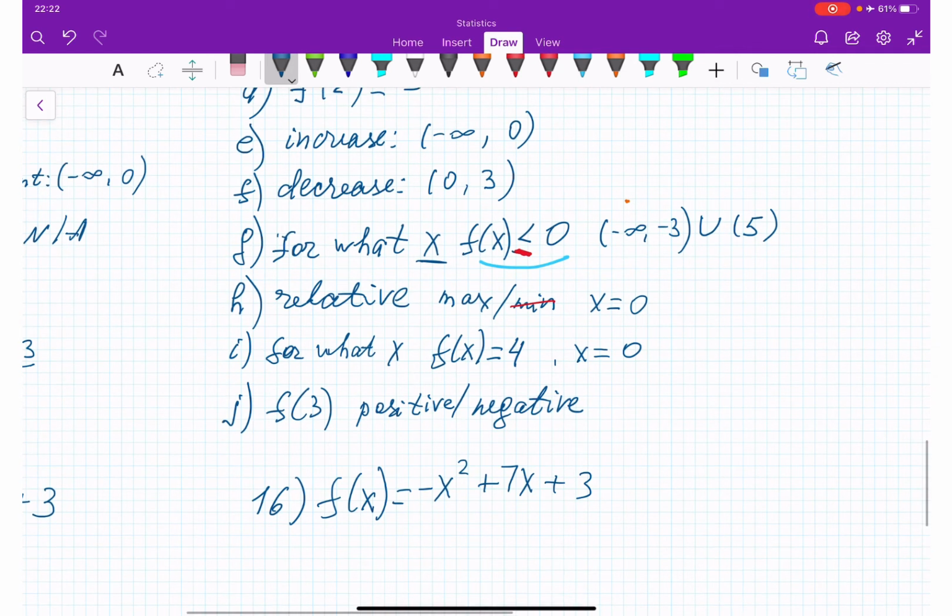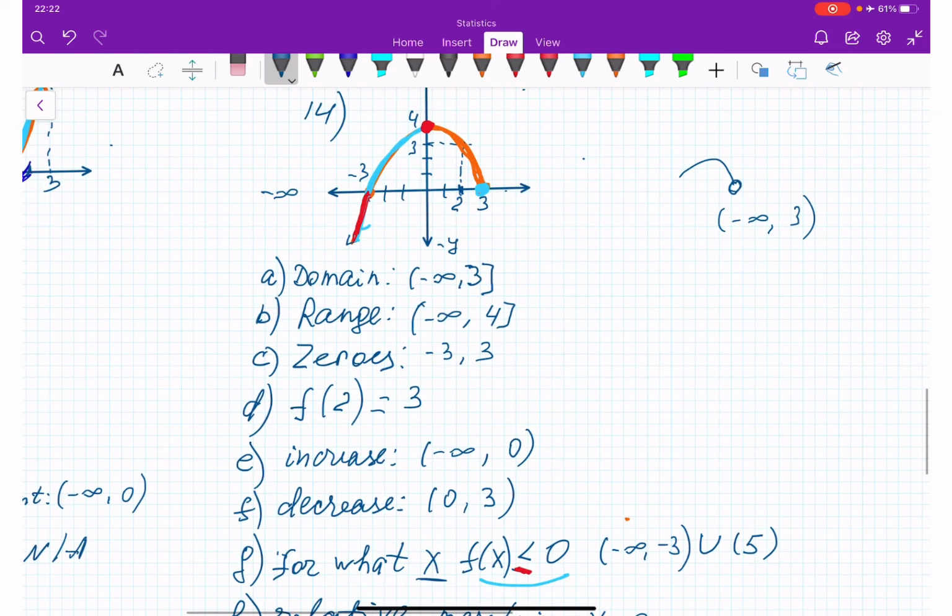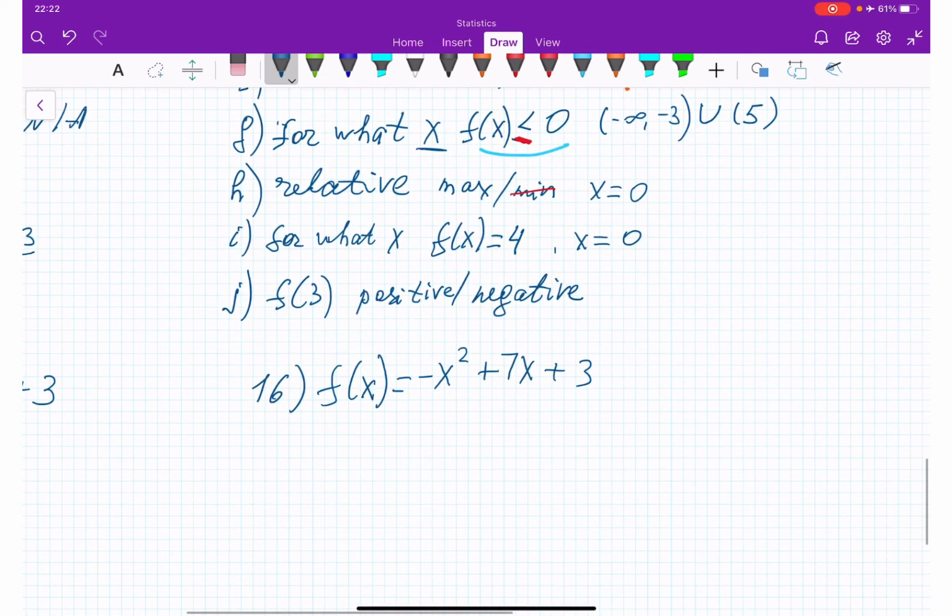J. F of 3 is asking positive or negative, which means it's asking when x is equal 3, whether the y is going to be positive or negative. Let's look. In my case, it's not going to be positive or negative, it's going to be 0. So not applicable.